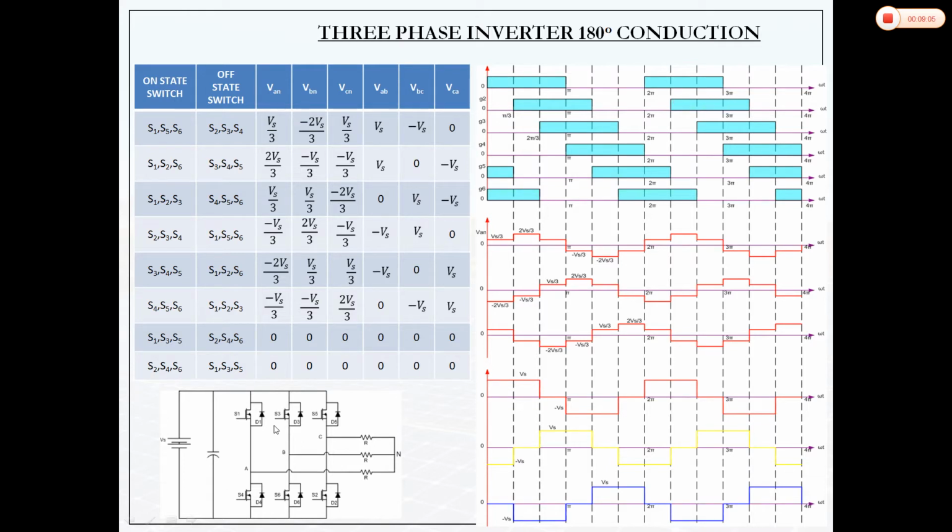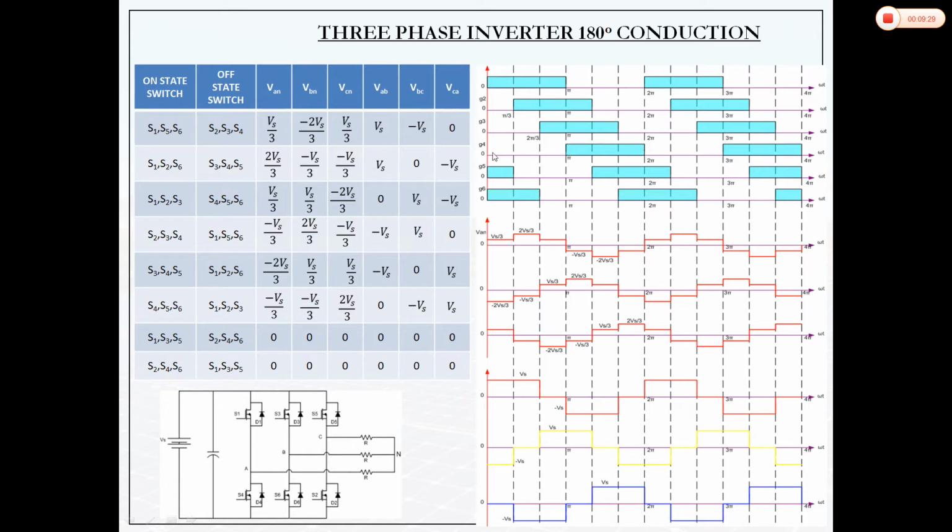Similarly for G3, for this switch, the gate pulse will again shift by 60 degrees. If you shift this gate pulse by 60 degrees in the forward direction, it will now start from 2 pi by 3. It will continue here, then for the next 180 degrees it will be 0, then the same thing will repeat.